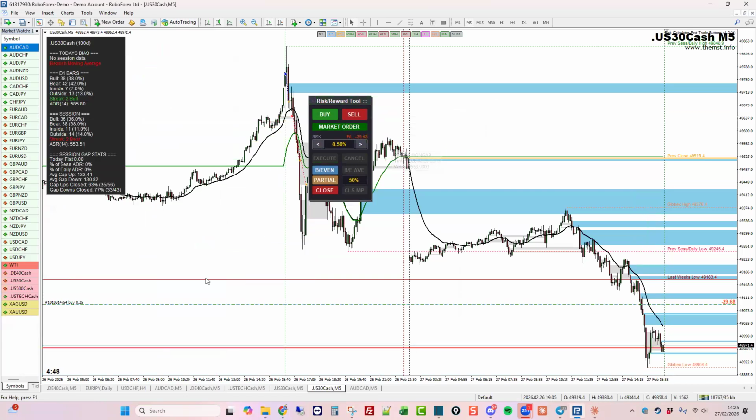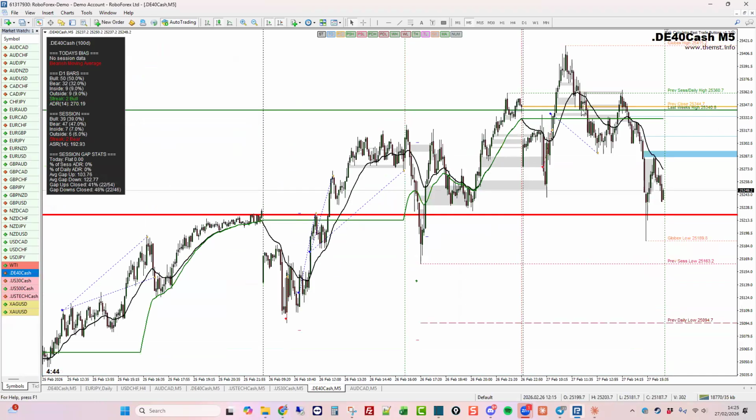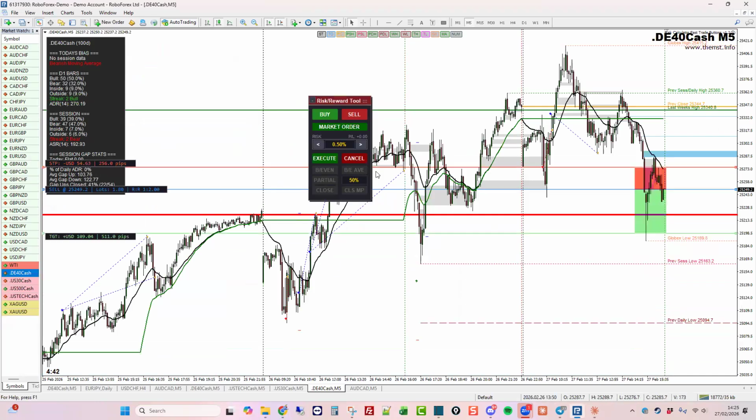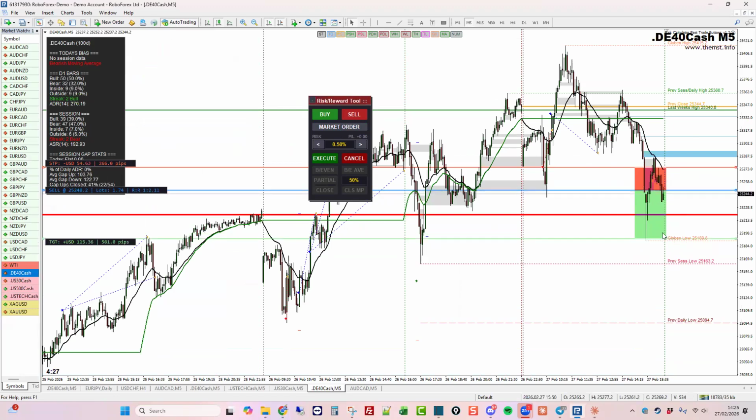What you have to do whenever you see these probabilities playing out, like with that DAX one today, for example, you would have to go at the open, wherever we are. Oh, this is on the US. But anyway, you would have to basically say, right, let's say, for example, this Globex low is where we're headed.